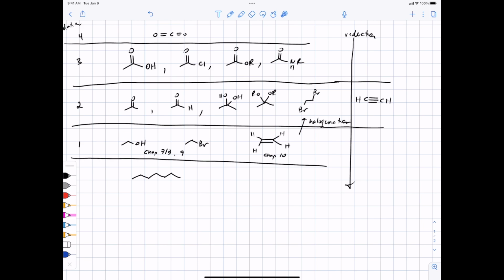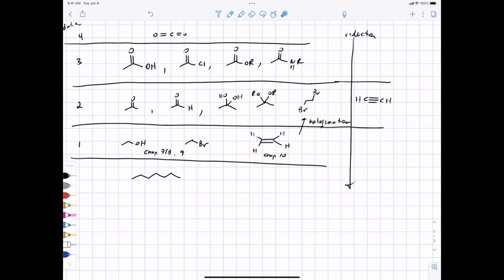We are going to learn some tools today for going from olefins and alkynes down 1 or 2 steps. Then next time we're going to learn some tools for going from an alcohol or an olefin up a couple of steps. We're not going to do all oxidation and reduction reactions.